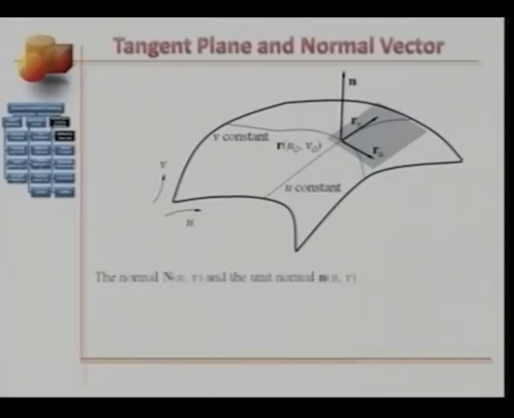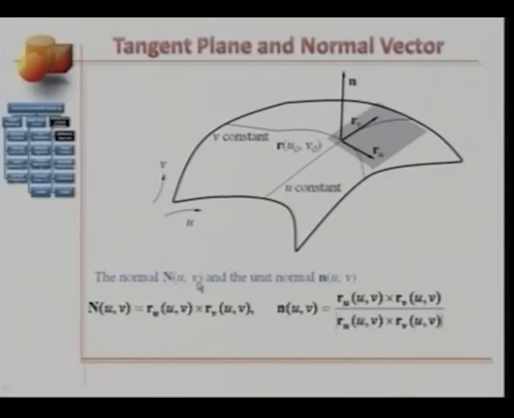The unit normal, small n, or the normal, capital N, as a function of u and v is given by the cross product of these two vectors, r sub u and r sub v. Both are functions of parameters u and v.